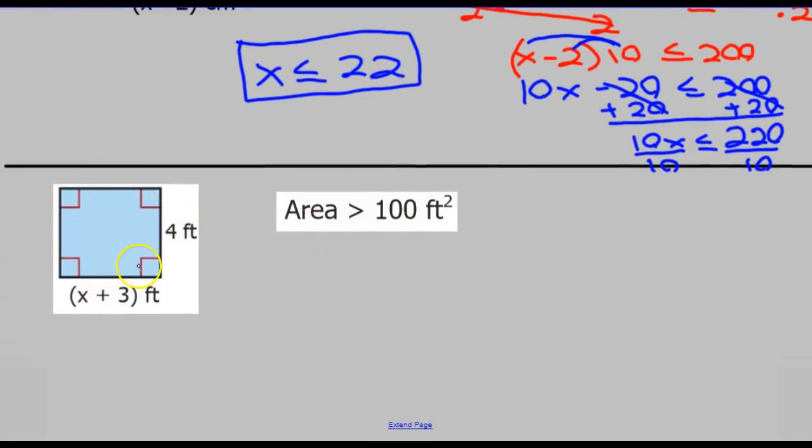Here we have a square, or a rectangle. We're trying to find when the area is greater than 100 feet. The area of a rectangle is base times height. So our base here is x plus 3.